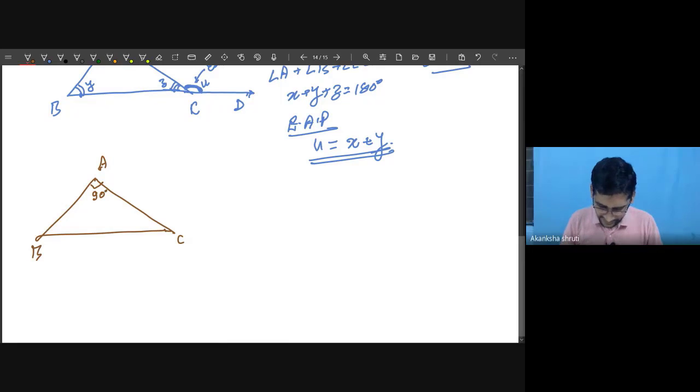Then B and C, their angle bisectors are meeting at D. Then if we consider this angle as 20 degree, and this angle as 20.